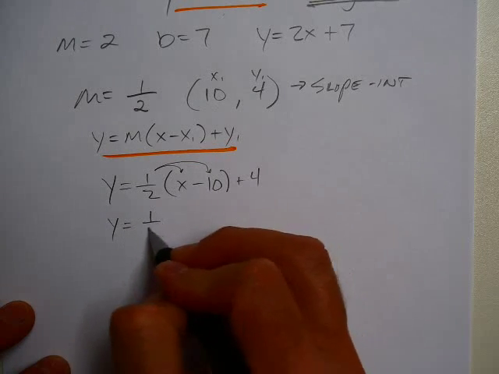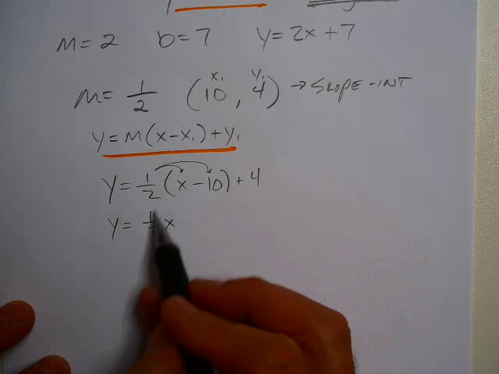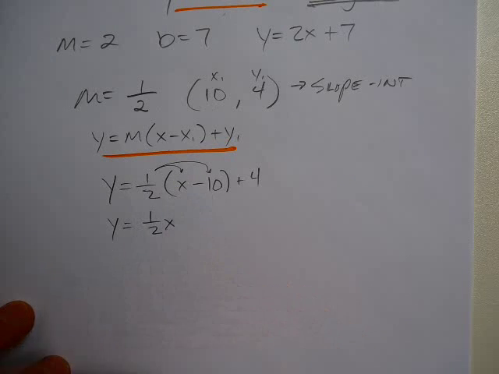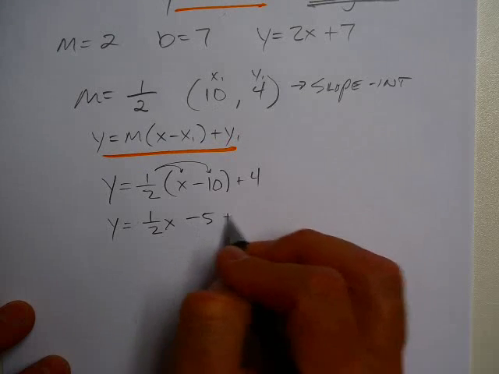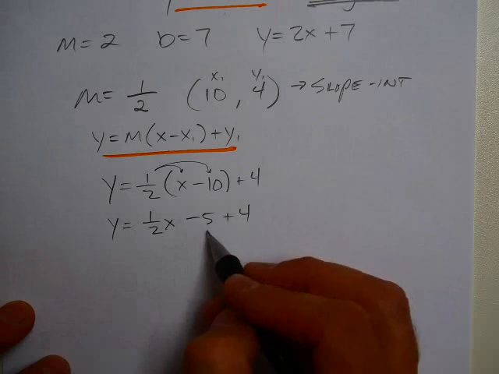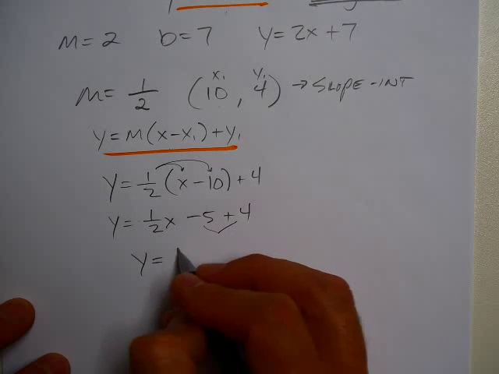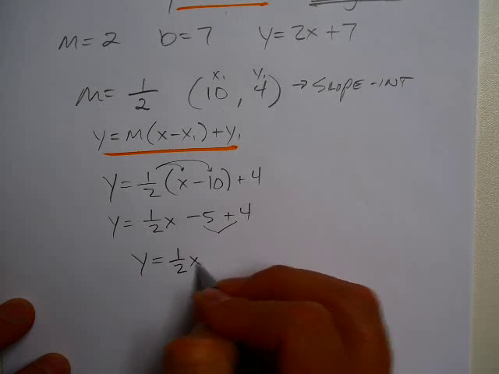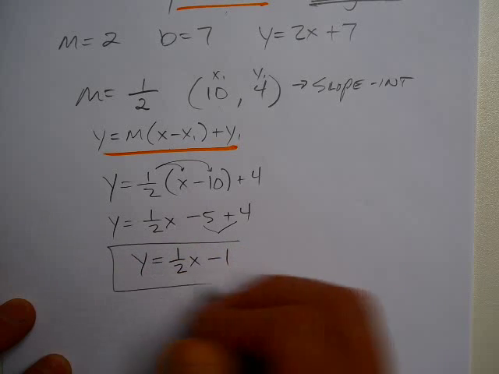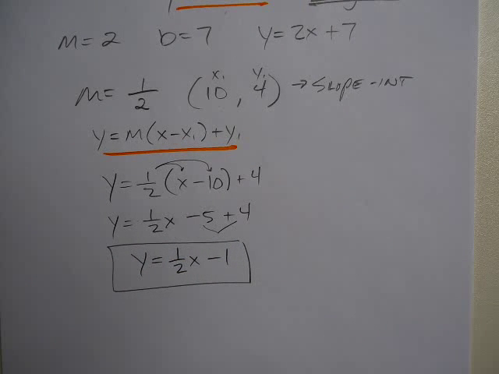So y equals 1/2 x. That's easy enough. And what's half of -10? -5. And then I add the 4. And what makes this easy is the graphing.